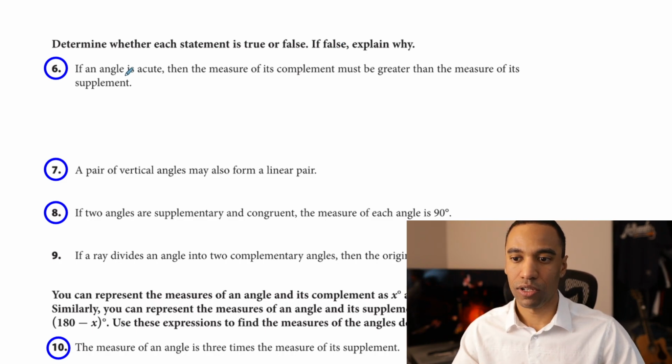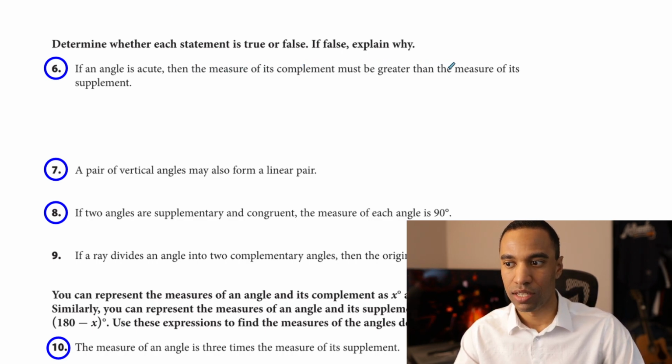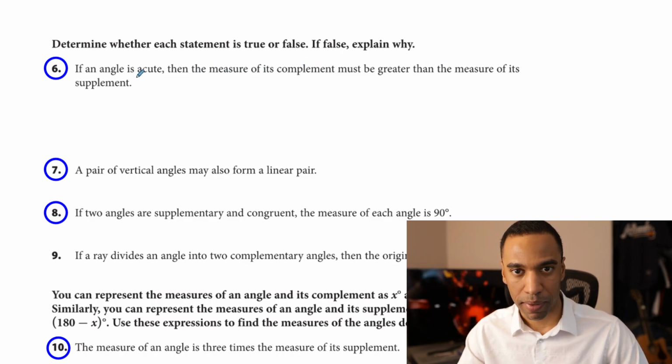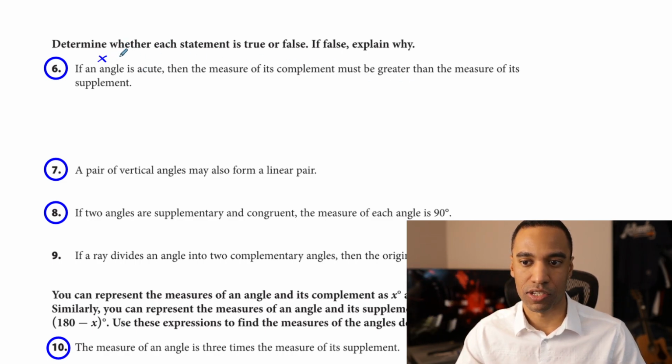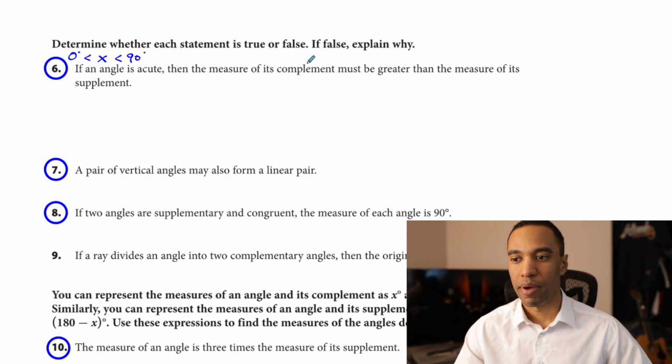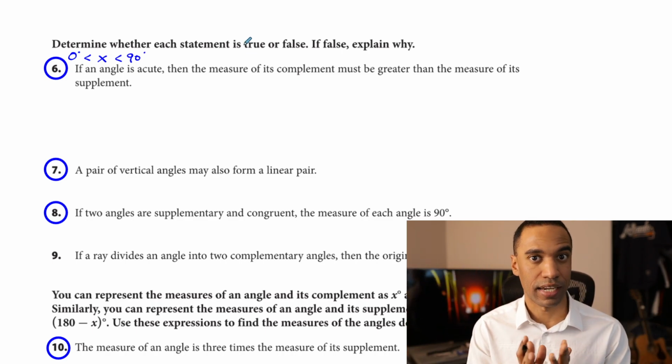Number 6. If an angle is acute, that means less than 90 degrees, then the measure of its complement must be greater than the measure of its supplement. All right, I have some unknown angle x. We know that it's between 0 and 90 degrees. Two complementary angles are two angles that add to 90.